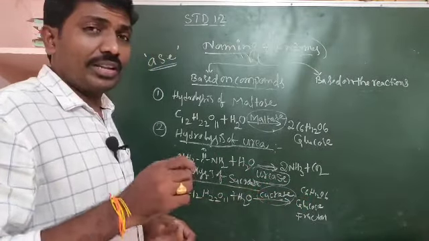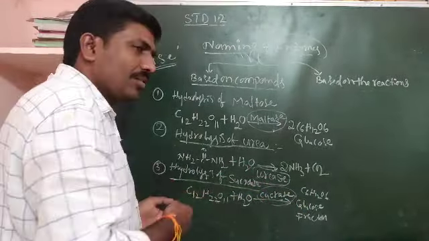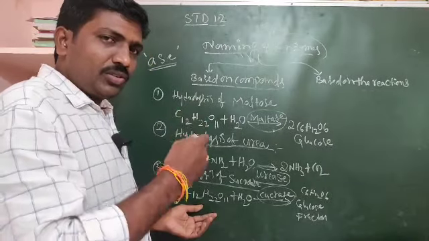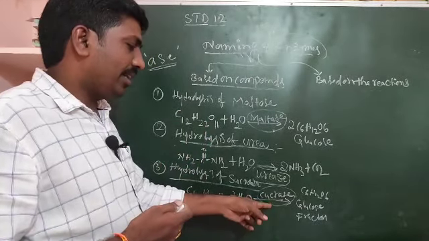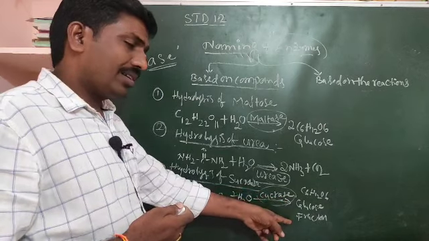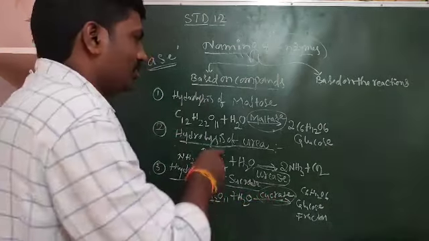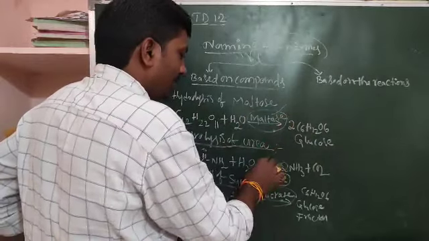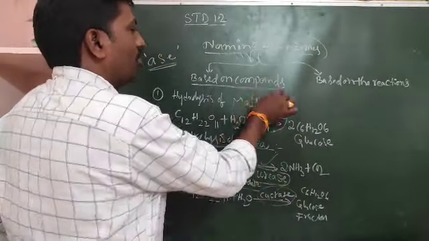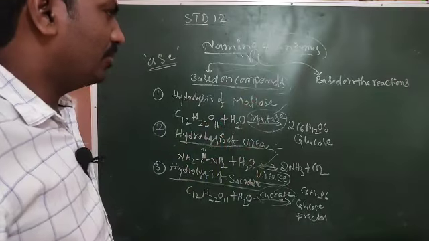Here we use one enzyme, sucrase, to break down this disaccharide. So maltase, urease and sucrase are the names of enzymes based on the compound.